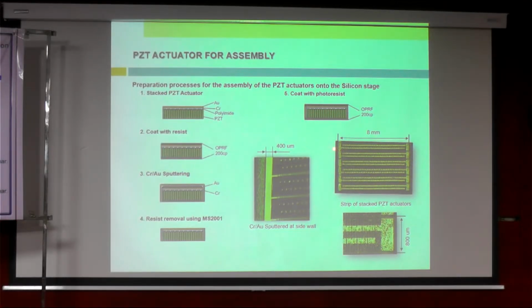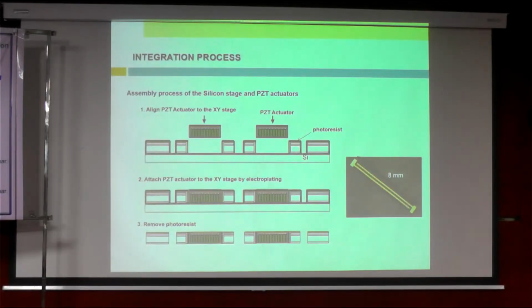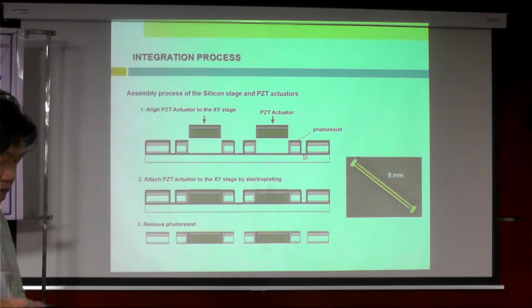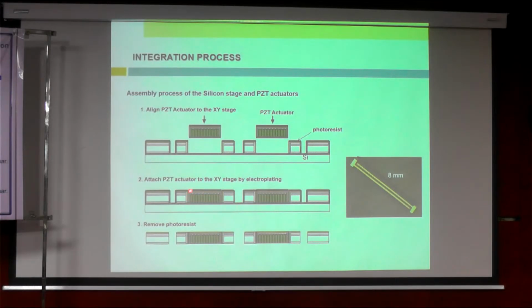Then you can later dice cut into a single actuator at this side. So this is one single PZT actuator. Then we place it in between of this stage. The bonding, the connection, is using electroplating, meaning we are using metal, nickel electroplating to bond between this side and this side.